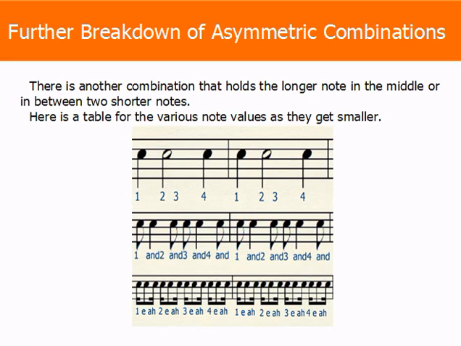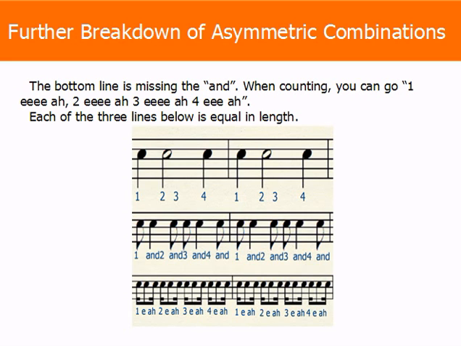Let's try it. 1 E and 2 E and 3 E and 4 E and. Okay, so instead we count 1 E, 2 E, 3 E, 4 E. Okay.